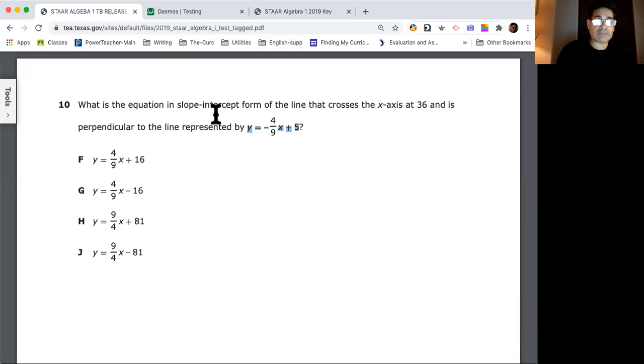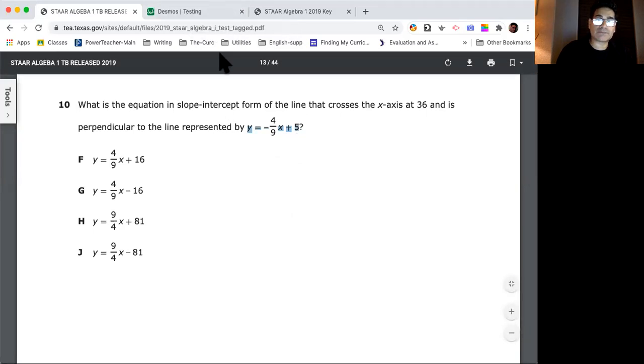So I'm going to read carefully. What is this question asking me? So what's the equation that crosses the x-axis at this value, and is perpendicular? So that's another important piece of information. And again, if you happen to be allowed to use a dictionary and you forget what this word is, I would look it up. But if you look it up, you should be able to remember that we use perpendicular when we talk about angles, right?